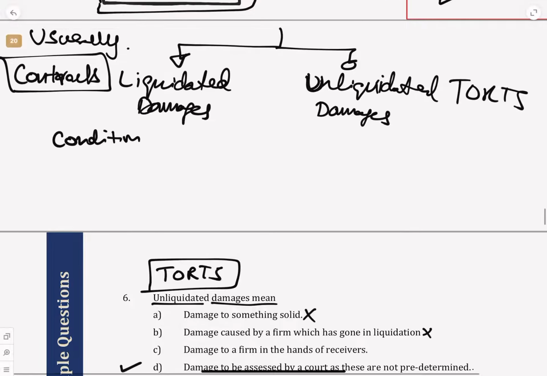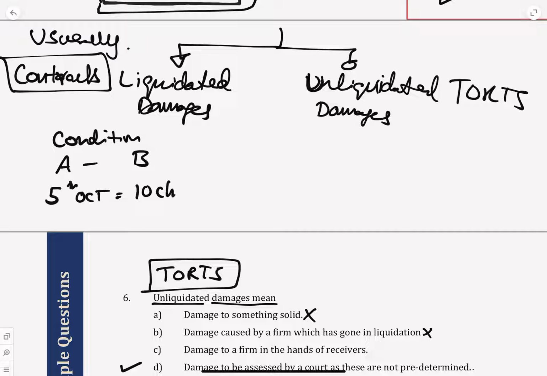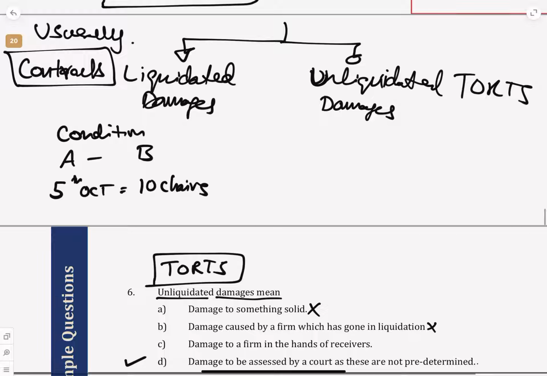For example, A tells B, on 5th of October, you have to supply me 10 chairs. If you don't supply, you have to give me damages worth rupees 50,000, because A needs it on 5th October, and B has agreed.